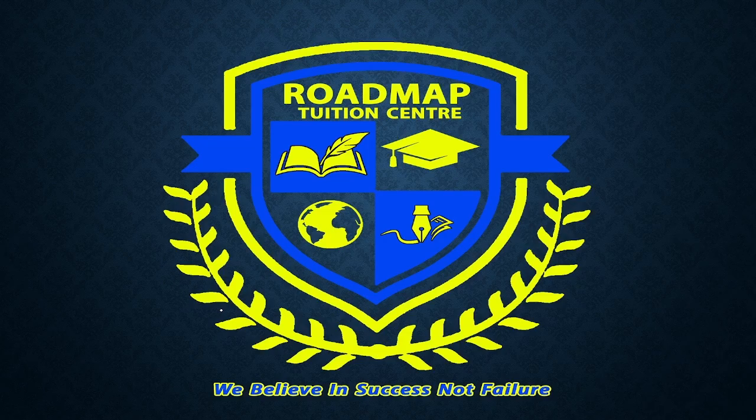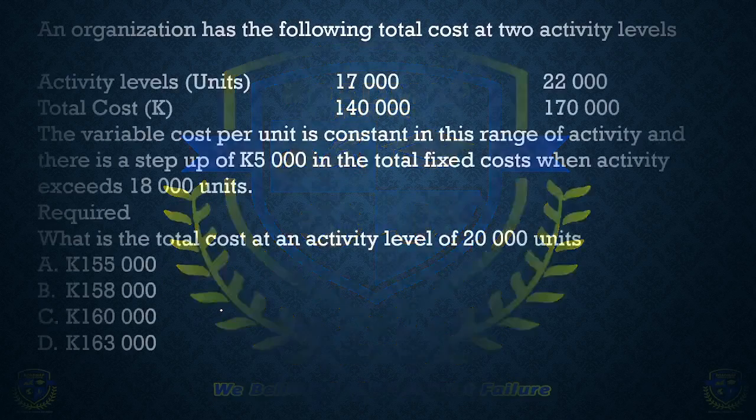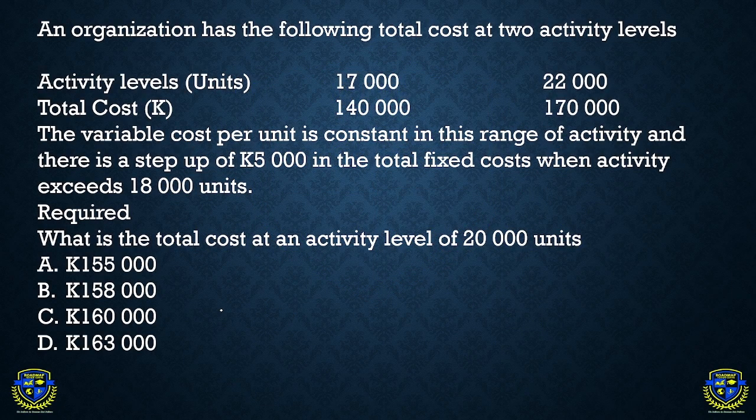Look at a question that's coming from cost behavior. The question reads: an organization has the following total cost at two activity levels. Activity levels are units in brackets. We've got 17,000 and 22,000. Then total costs, we've got 140,000 and 170,000 respectively.